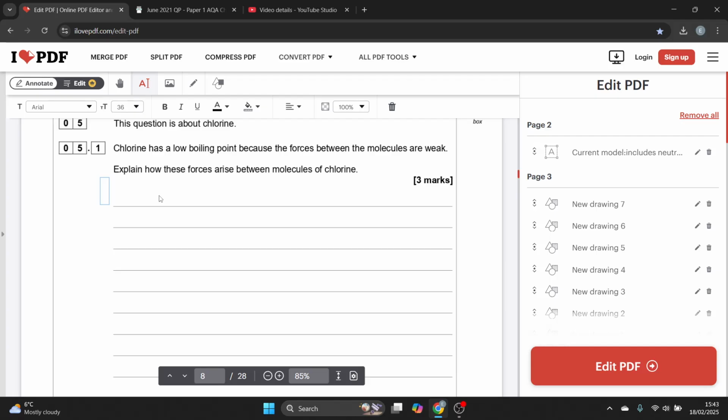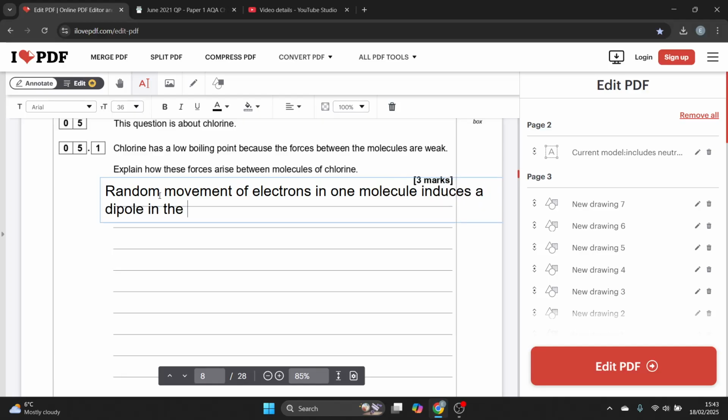Random movement of electrons in one molecule induces a dipole in the neighboring molecule.